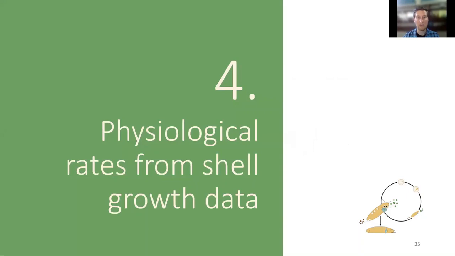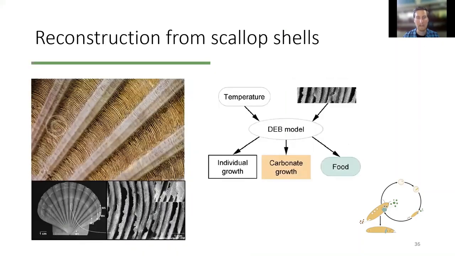All right, and for our last example, we will look at reconstruction of physiological rates and physiological state from shell growth data. And this is a work that is similar in its approach to the one we talked about before. Instead of an otolith, it uses another calcified structure, which is the shell of a bivalve, here the great scallop.